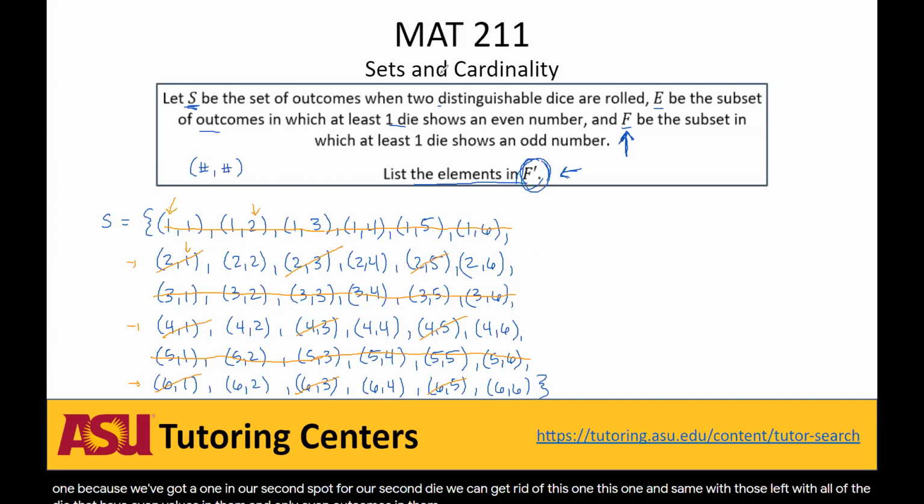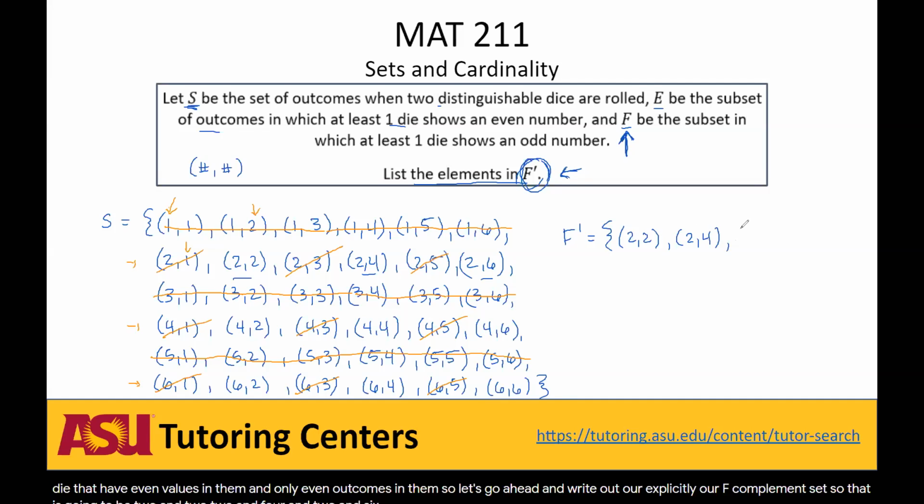So let's go ahead and write out explicitly our F complement set. So that is going to be 2 and 2, 2 and 4, and 2 and 6. Then we have 4 and 2, 4 and 4, and 4 and 6.